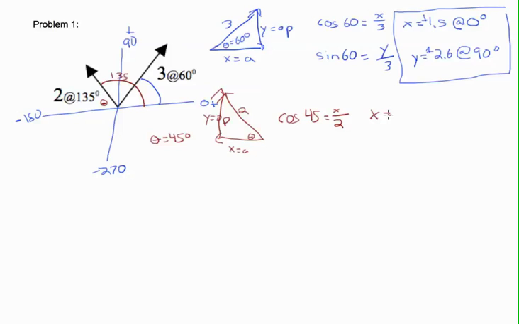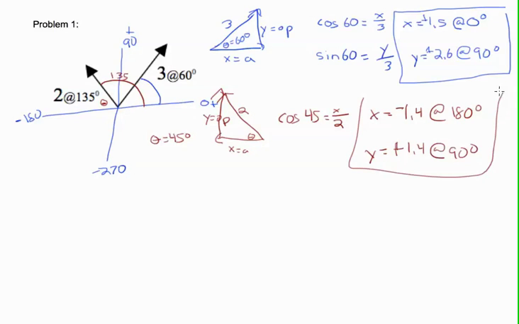So our x is pointing at 180, so it would be negative 1.4 at 180 degrees. And our y is pointing upwards, so it would be positive 1.4 at 90 degrees. And then we could sum them.